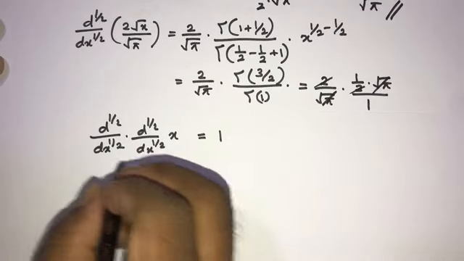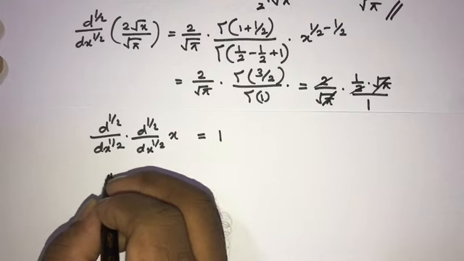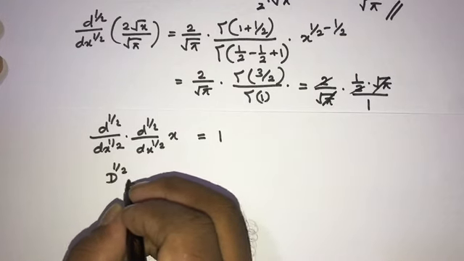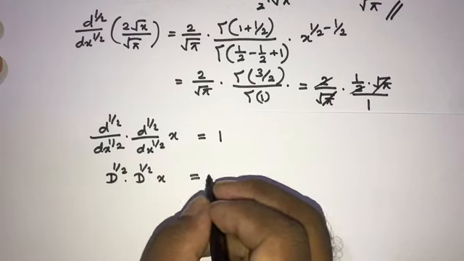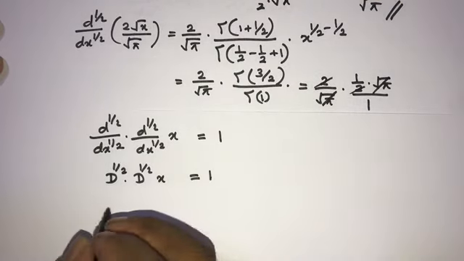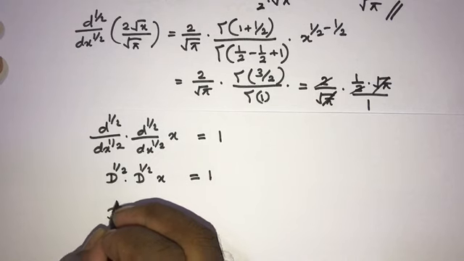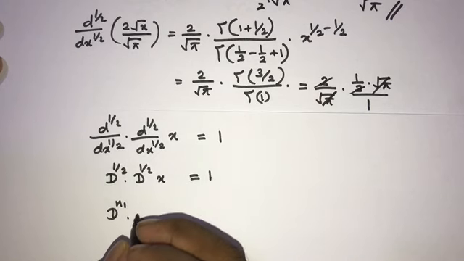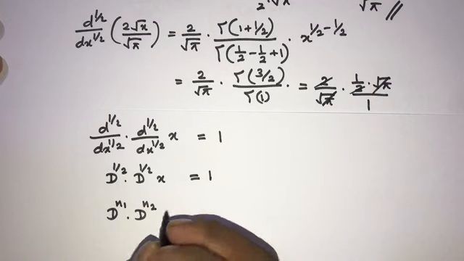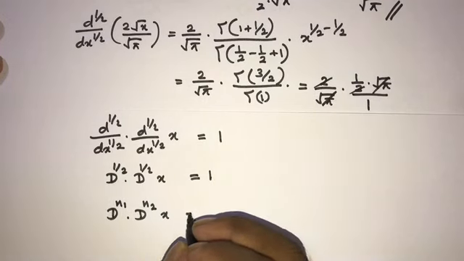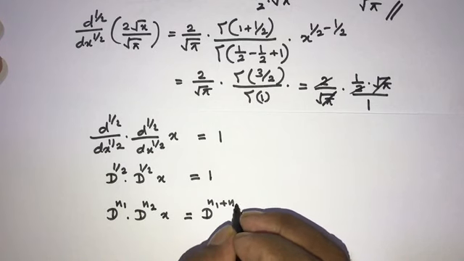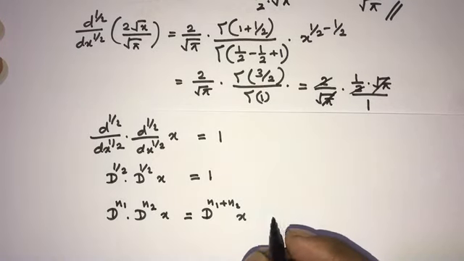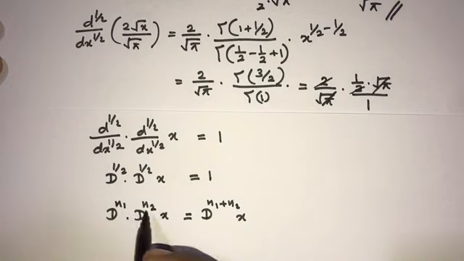Another notation for this: capital D^(1/2) capital D^(1/2) x is equal to 1. So generally we can write D^n1 D^n2 x is equal to D^(n1+n2) x. Okay, here n1 and n2 can be any real number.